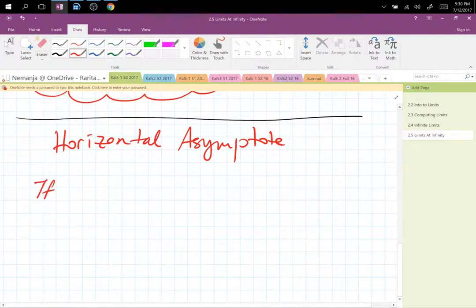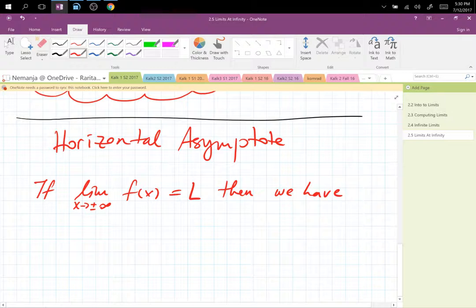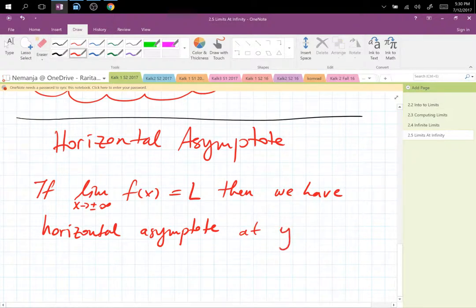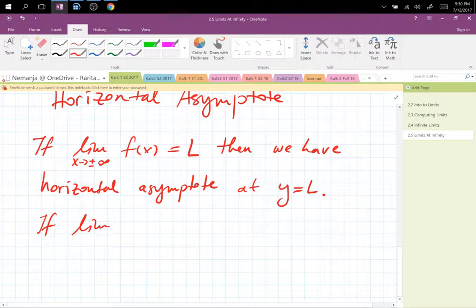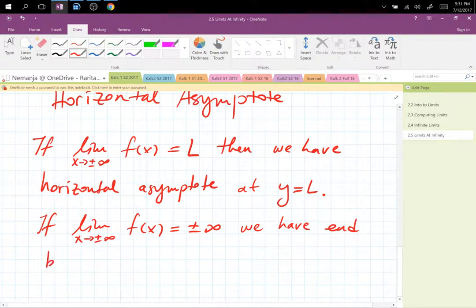So, if the limit as x goes to plus or minus infinity of f of x is equal to L, then we have a horizontal asymptote at y equals L. If the limit as x goes to plus or minus infinity of f of x turns out to be plus or minus infinity, we have end behavior of the function.